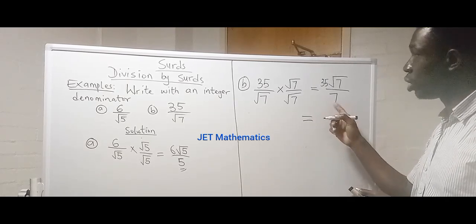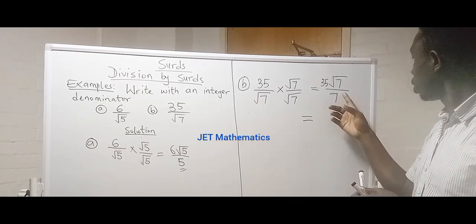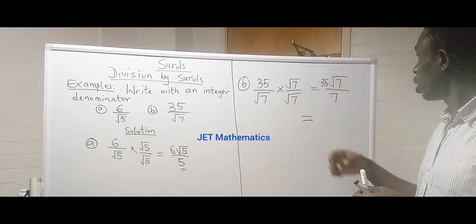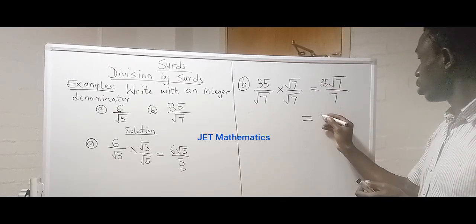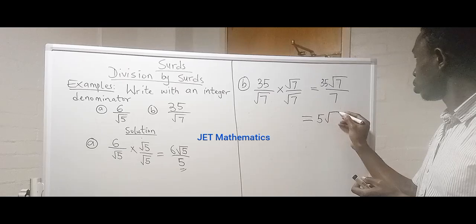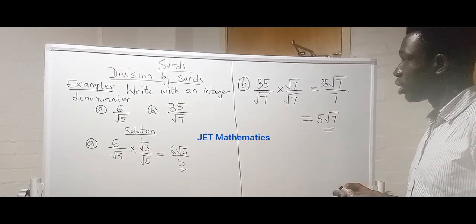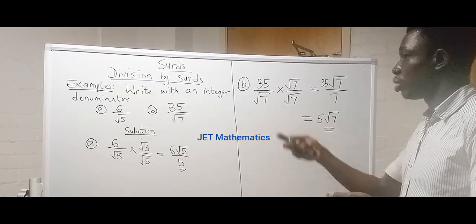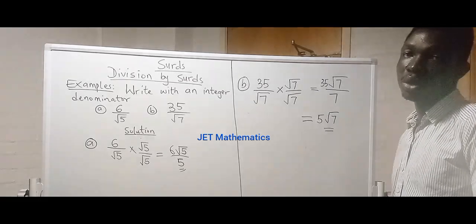Now the denominator is an integer, but we can further simplify by saying 7 can divide 35. So 35 divided by 7 is 5, and then we have our root 7. Alright? So that is how you simplify such kind of problem when you are dividing by surds.